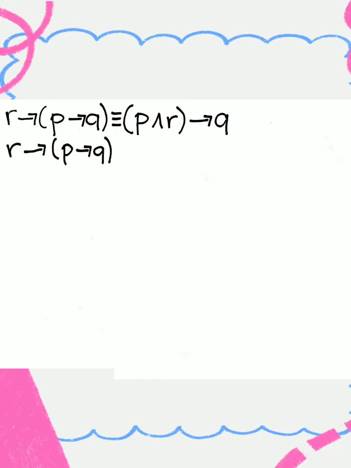Well, the implication law, or conditional statement part 1, says that P implies Q is equivalent to negate P or Q. So what I'm going to do here is replace a piece of the left-hand side with something logically equivalent, which will keep the entire statement logically equivalent. So I'm going to replace this as negate R or (P implies Q).